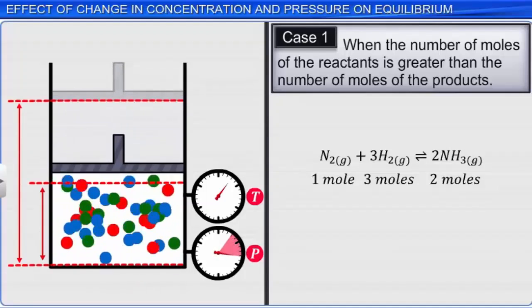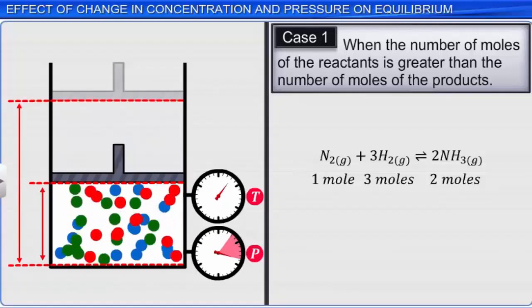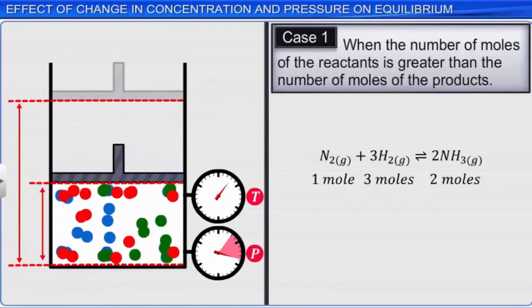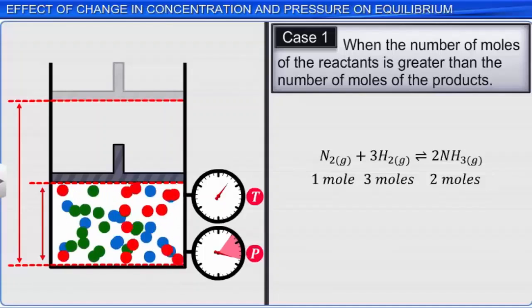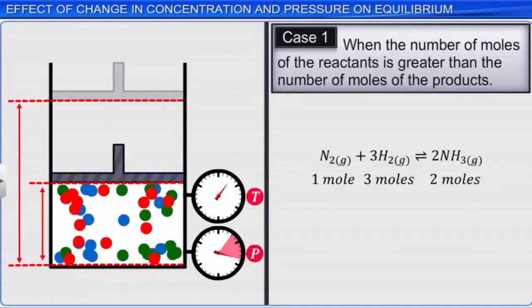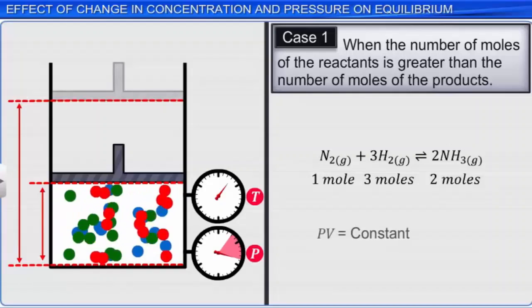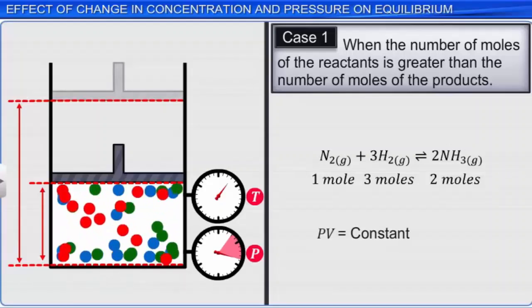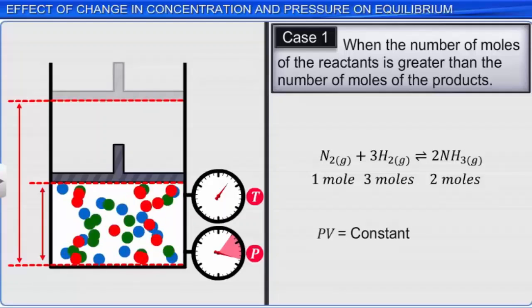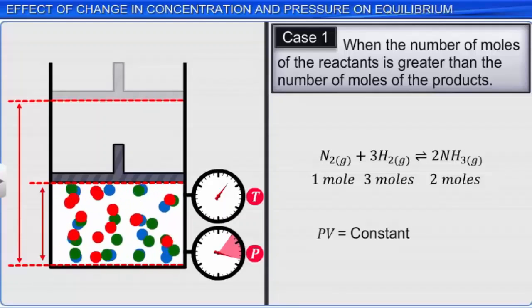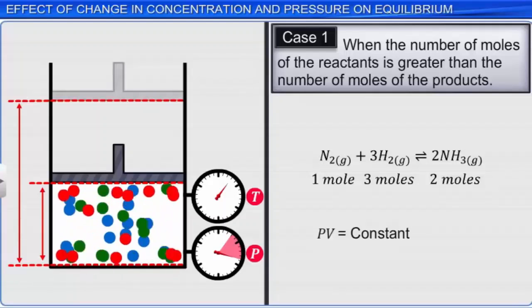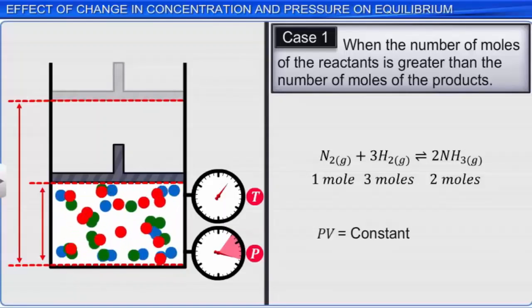As the volume decreases to half, the pressure will be doubled according to the equation PV is equal to constant. As the pressure is doubled, according to Le Chatelier's principle, the equilibrium shifts in the direction of decrease in pressure, or the number of moles of the gas.